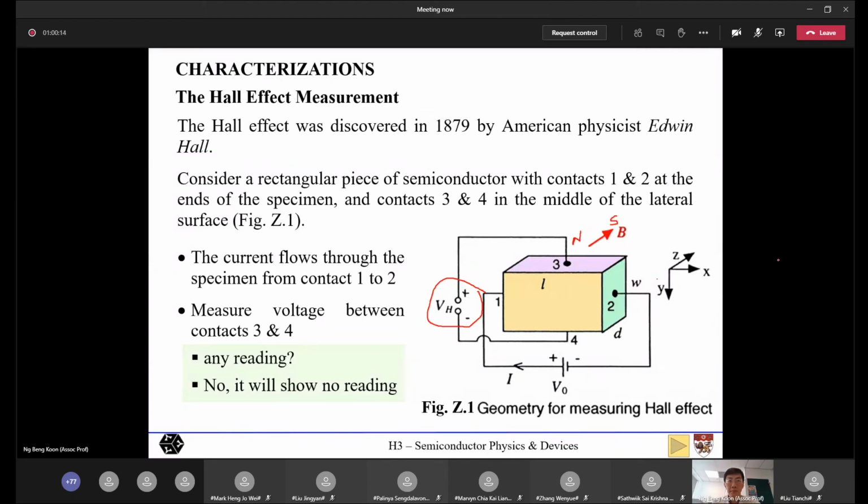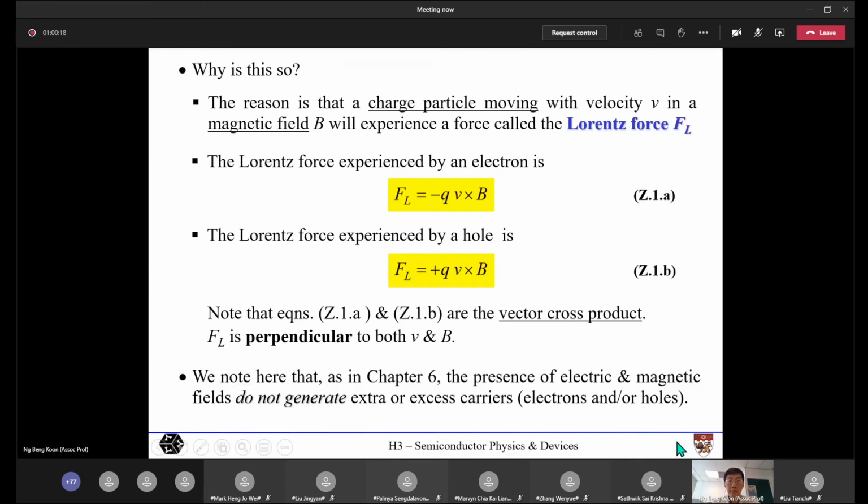The question, of course, is why is that so? The reason for measuring a voltage difference is an effect that comes about because of the presence of the magnetic field, called the Lorentz force.